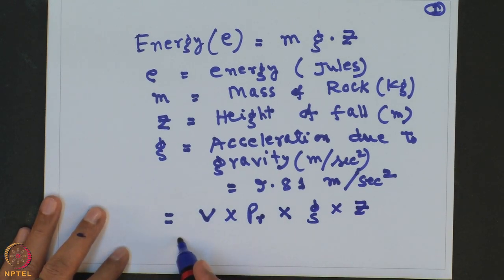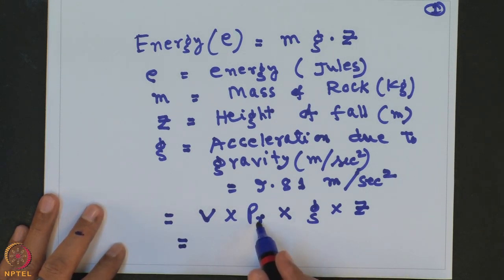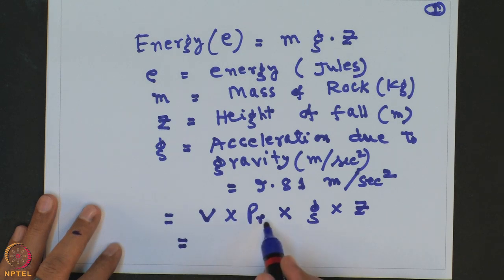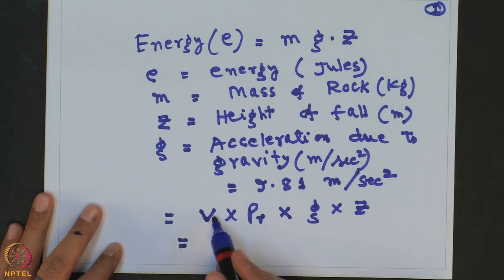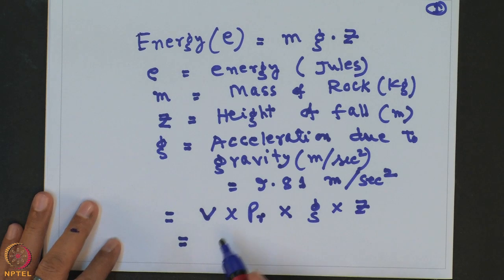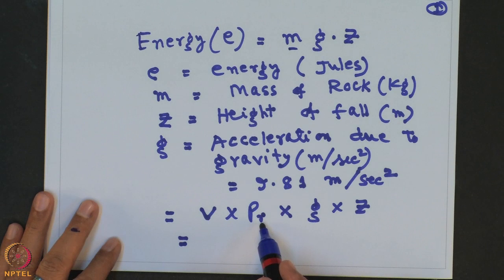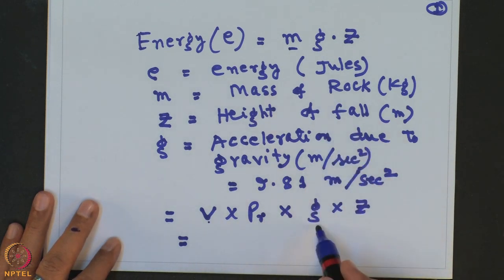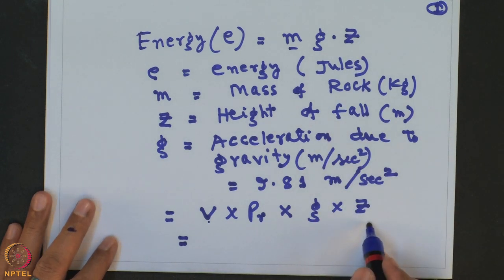Here rho r is the density of the rock, and V is the volume of rock. So, this mass is equal to volume into density. This is the volume of the rock, density of the rock, and this is g and this is z.